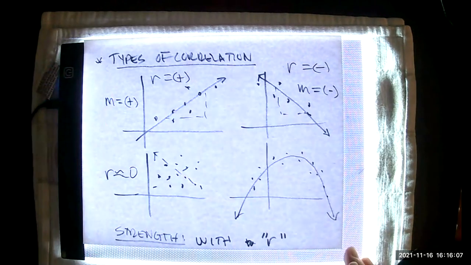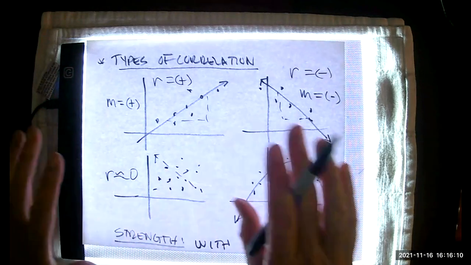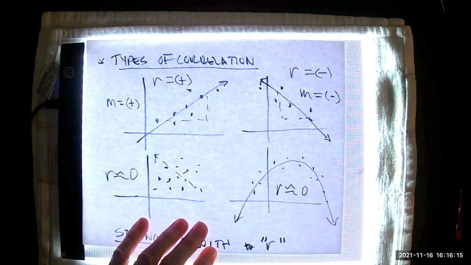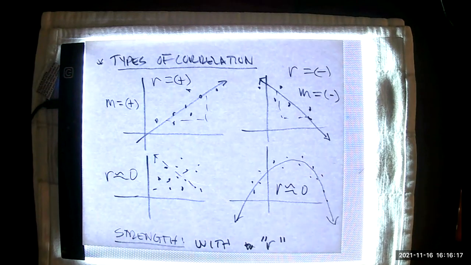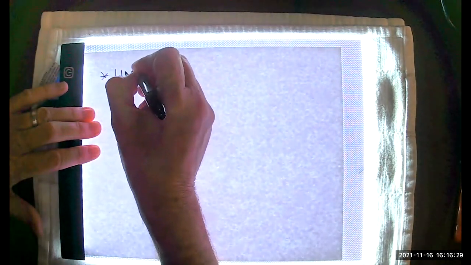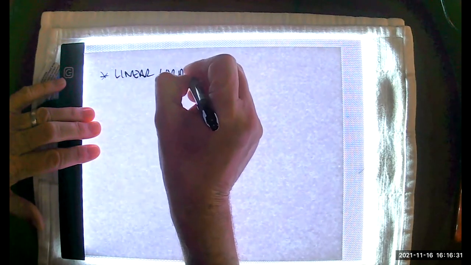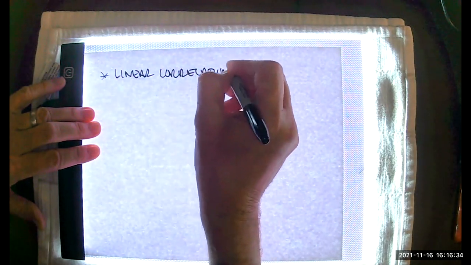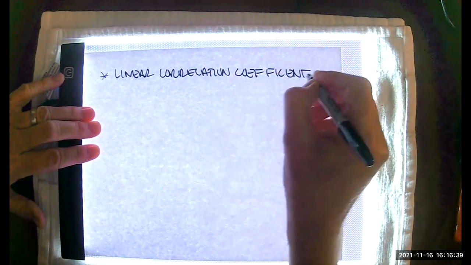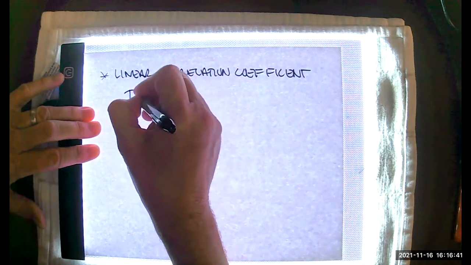And I'll say that again in just a few moments, but you can find a value of R somewhere between a positive one and a negative one that talks a little bit about this notion of correlation. In fact, we have what we call the linear correlation coefficient. That's R.